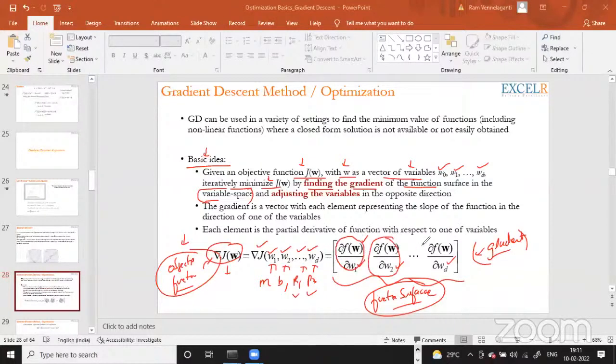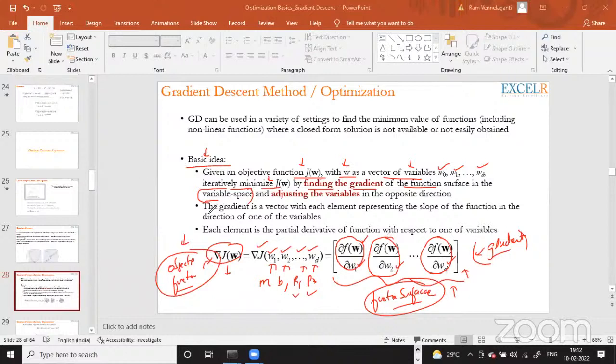Then you find out how each and every variable in our variable space is actually impacting our cost function. We can understand that when you find out the gradient of this function surface. That is what you are going to do.